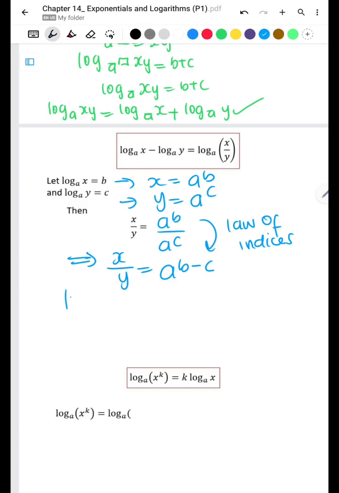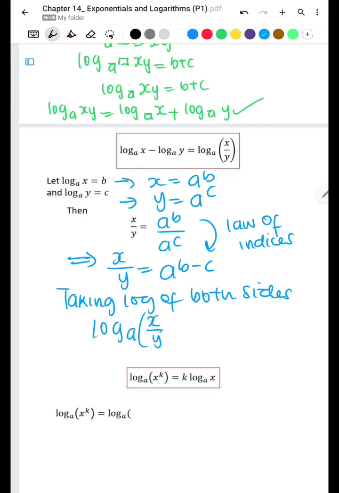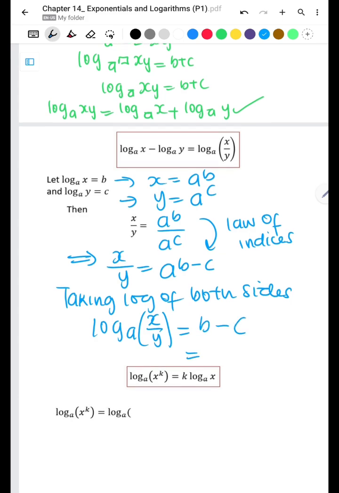So taking log of both sides, log base a of x over y is equal to b minus c. And I know this is equal to log base a of x minus log base a of y.